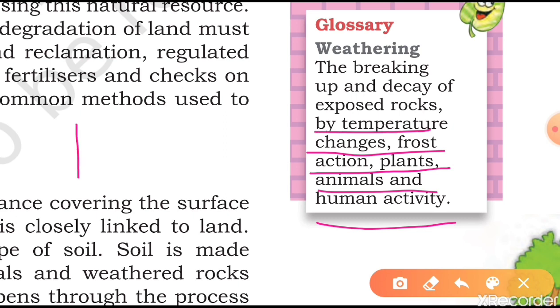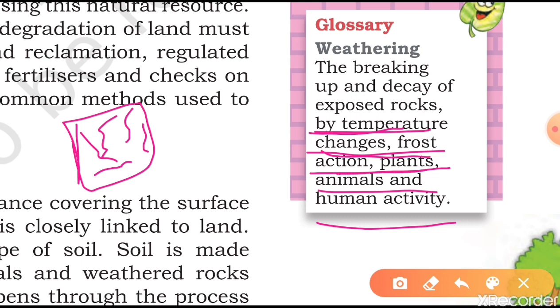Basically, when a rock gets cracked up into smaller pieces, into further smaller particles by the action of temperature, either heat or very cold, or frost, or plants. How do plants affect it? Because when the roots of the plants penetrate the rocks, they develop cracks in it. And human activities such as land degradation, erosion, etc.